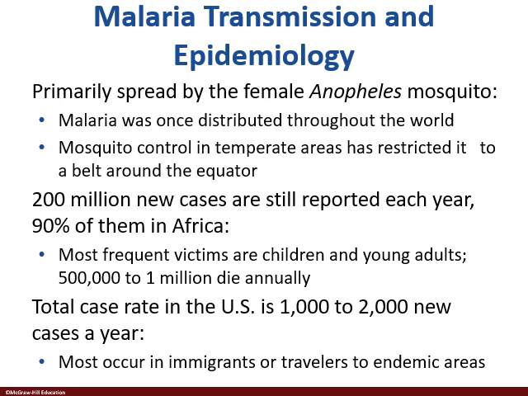The World Health Organization is one of the organizations that's tracking malaria worldwide. 200 million new cases every year. Okay, that's not 200 million people sick every year. That's 200 million new cases.